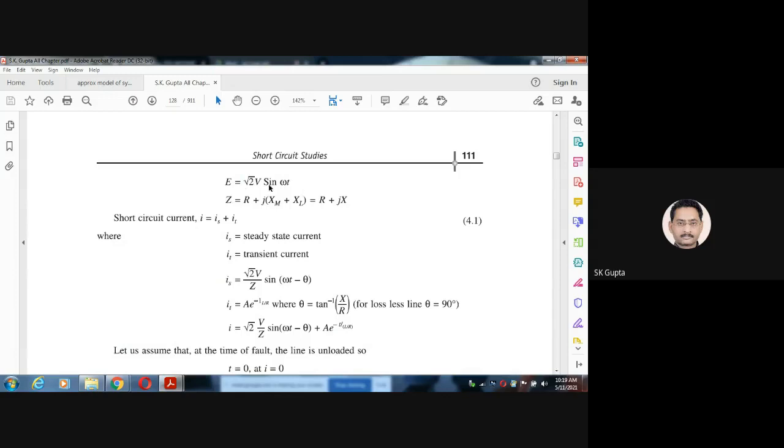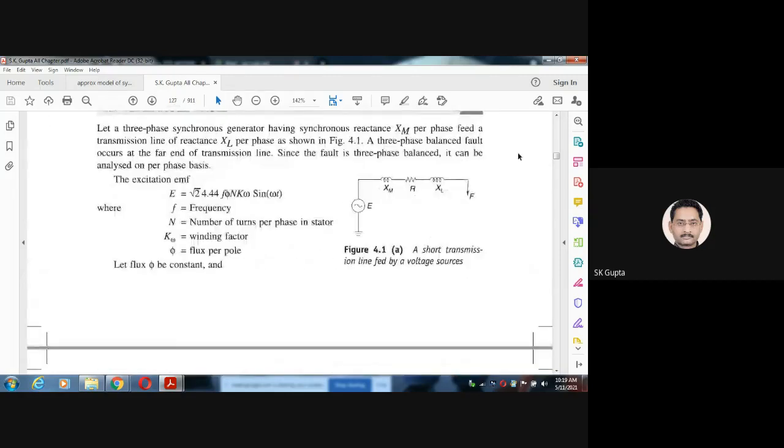It is voltage by Z, the steady state current V by Z, and this is the power factor angle. And in addition to this, there will be transient current. Since in this case there is only reactance and resistance, XL, and the total is X and R, so only inductance is there.